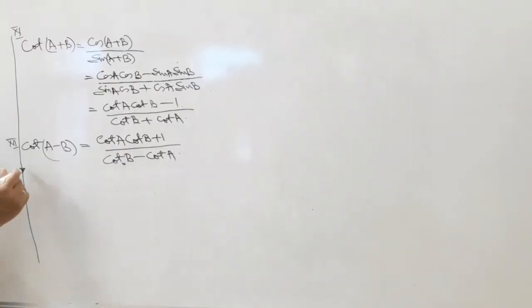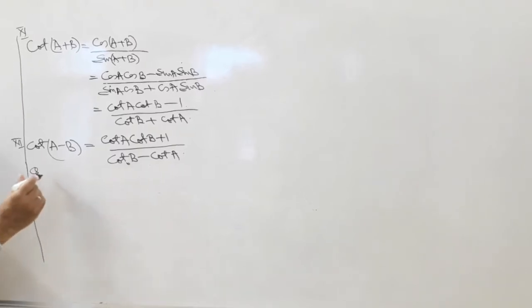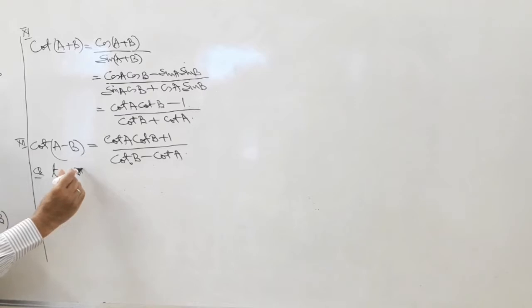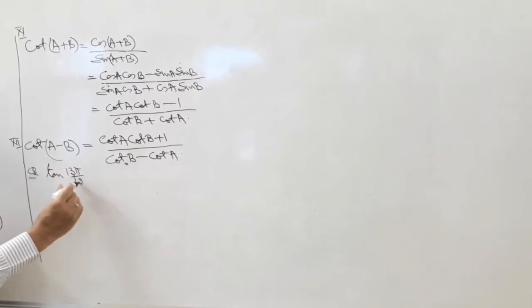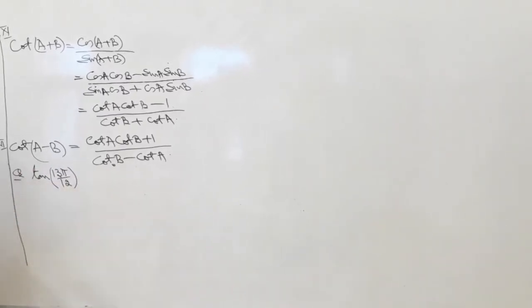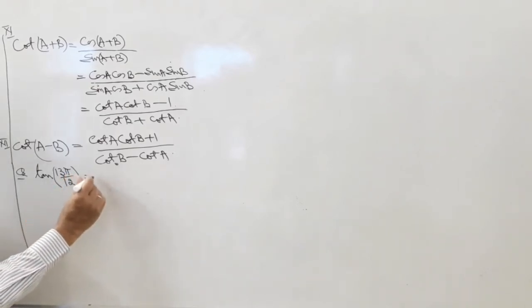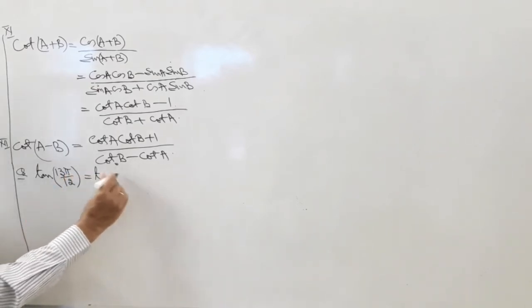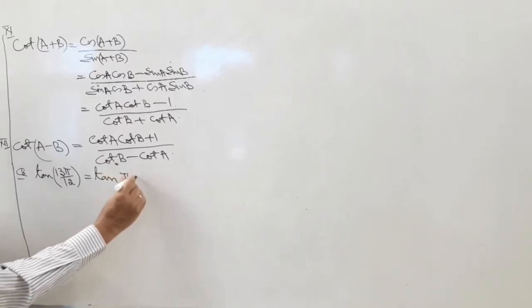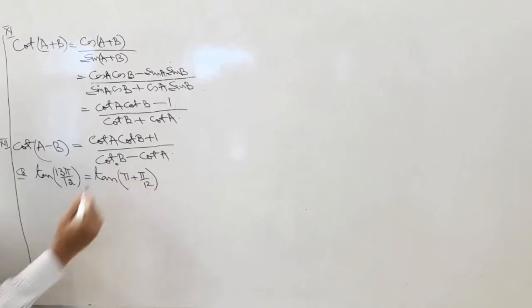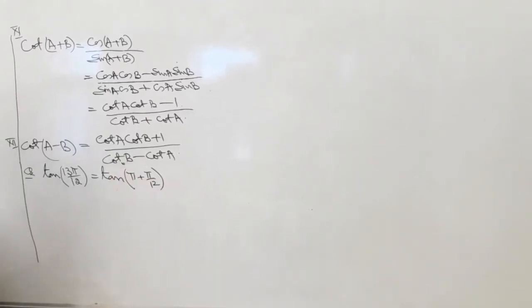Now take up another question. It is a very important case, tangent of 13 pi by 12. A good question. This will be tangent of pi plus pi by 12.